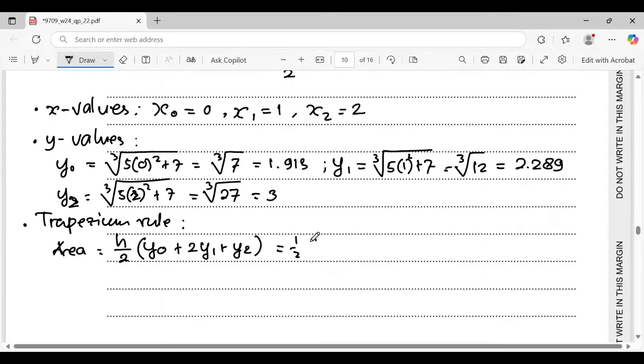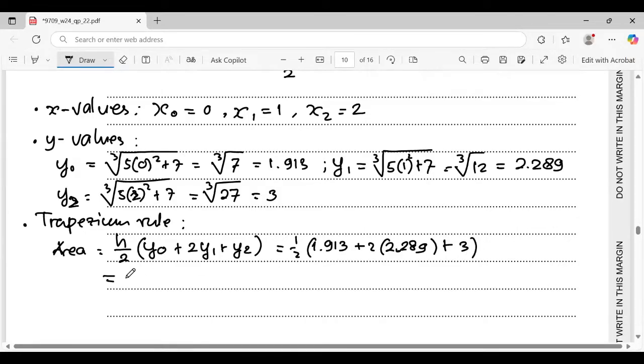It is 1 half times y0, which is 1.913, plus 2 times 2.289, plus y2, which is 3.